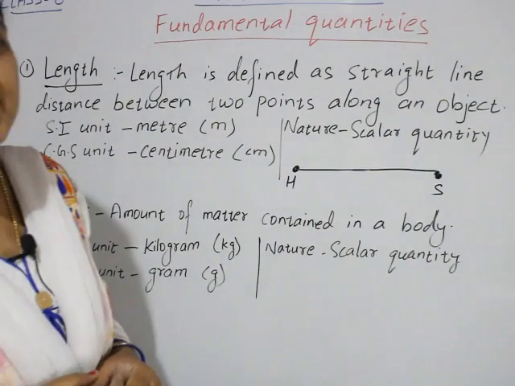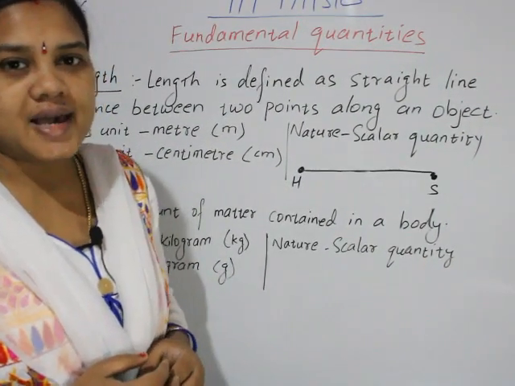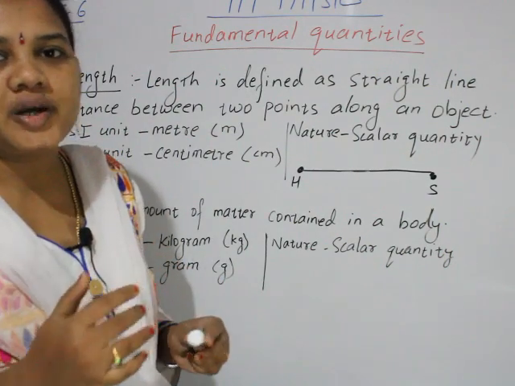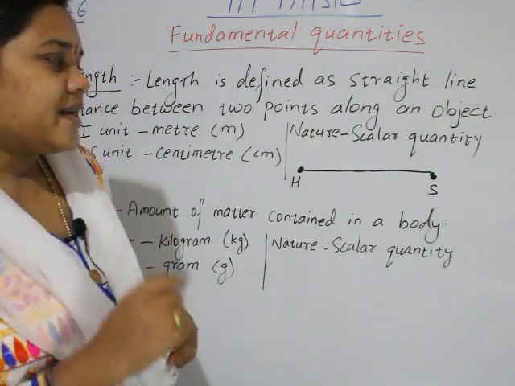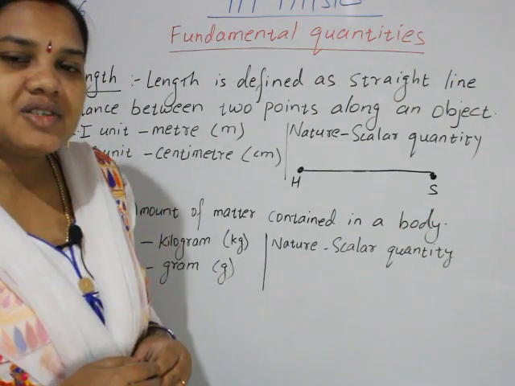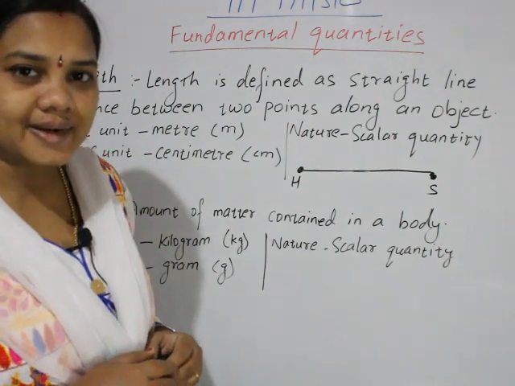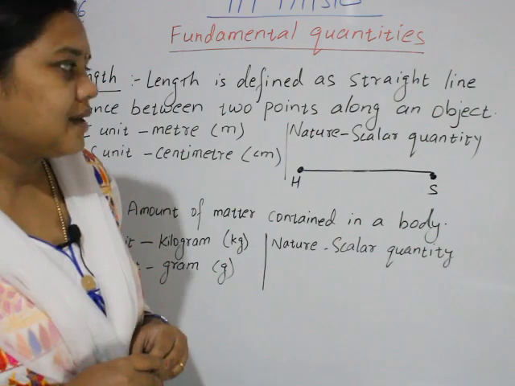Physical quantities are of 2 types, scalar quantity and vector quantity. Scalar quantity means a quantity which is expressed in its magnitude and unit only. It does not give direction. Whereas a vector quantity is expressed in magnitude and unit and also gives the direction, like force, displacement, velocity, like that.